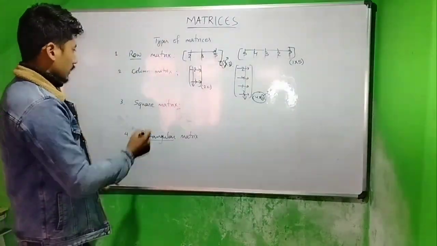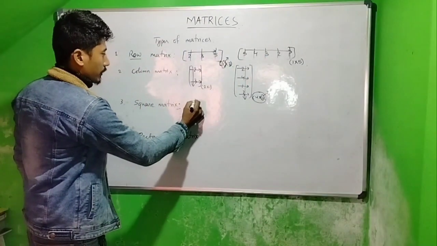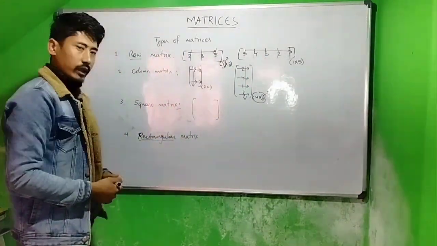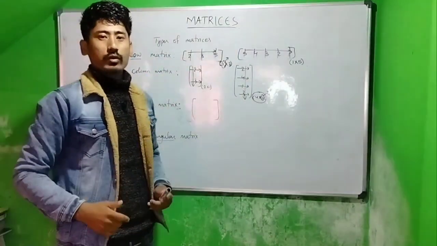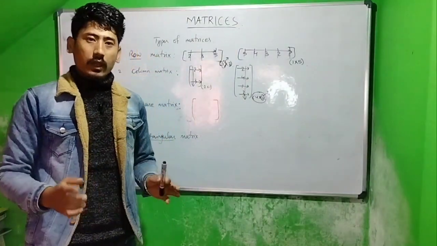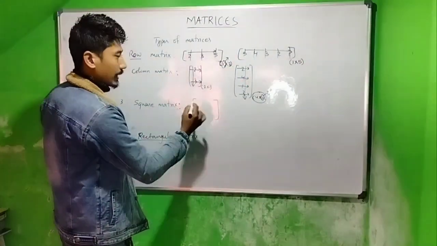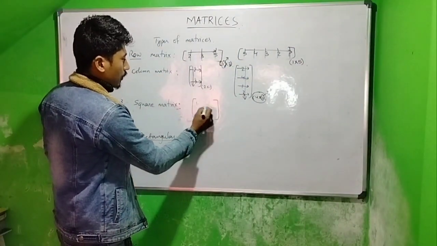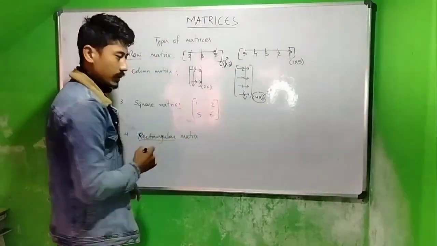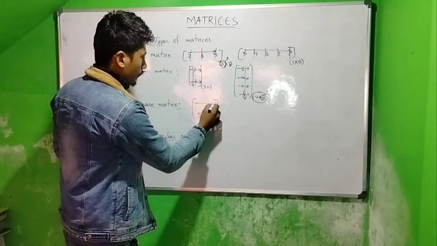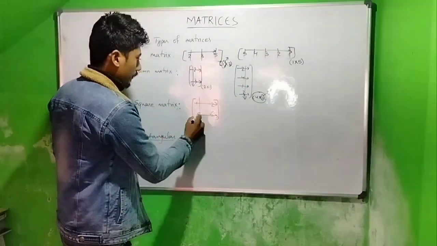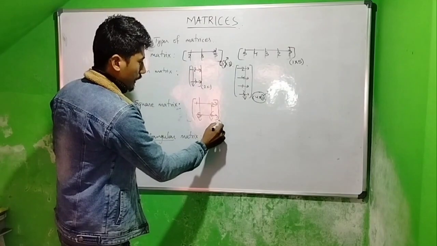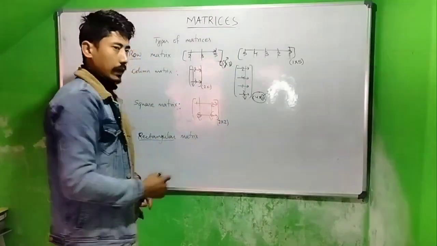Alright? So let's go to square matrix. In a square matrix, the number of rows and number of columns are always equal. For example, if I take 4 elements, 1, 2, 5 and 6, you can see the number of rows is 2 and the number of columns is also 2. That means its order is 2 by 2.